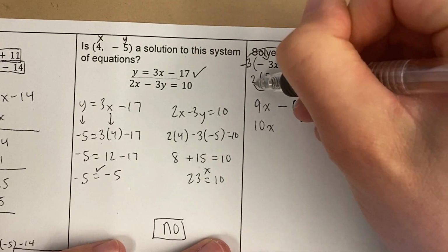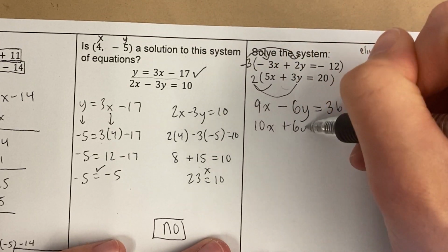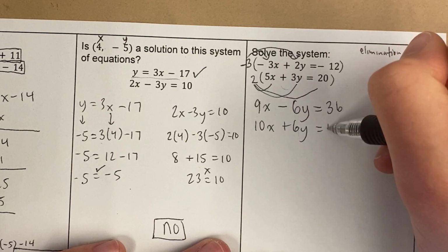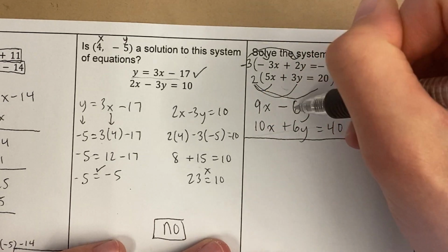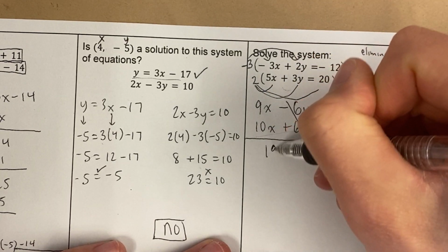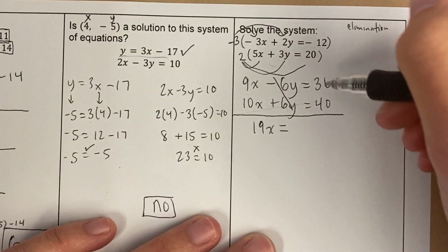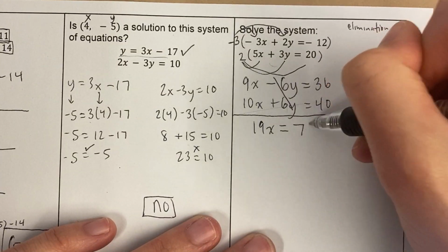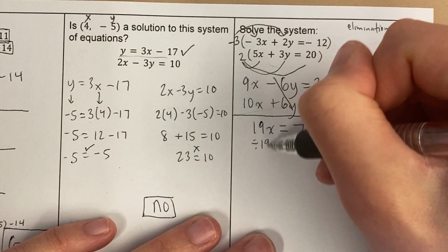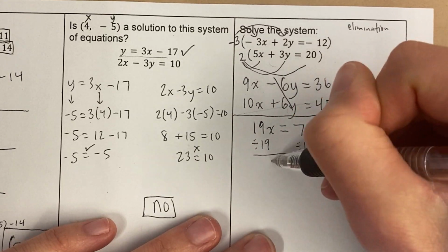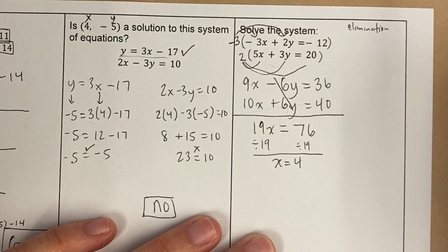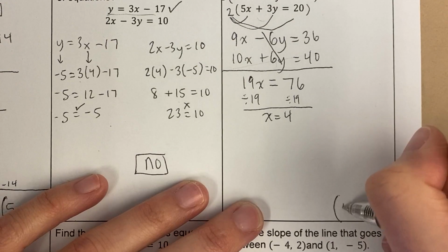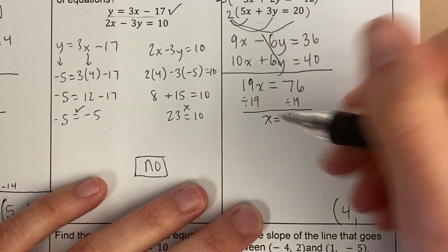2 times 5 is 10. 2 times 3 is positive 6y. 2 times 20 is 40. These cancel. 9 plus 10, I get 19x equals 36 plus 40, which is 76. I divide by 19 on both sides, and I get x equals 4. As always, with solving a system, I only have an x value, so I need to plug back in.